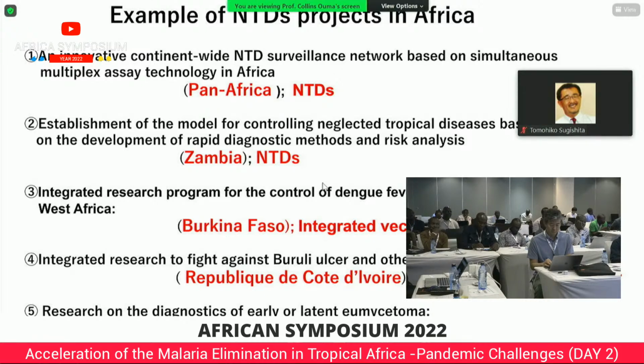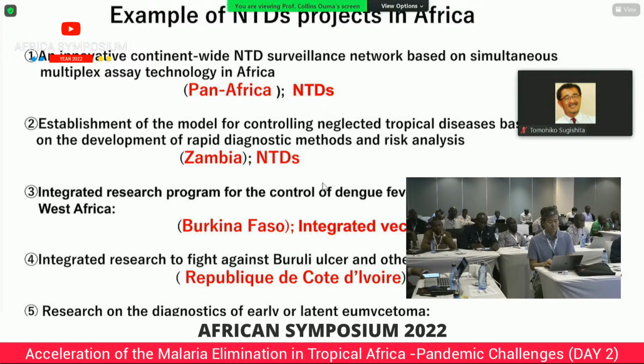As I have introduced, you can see that many countries in Africa have conducted joint research with Japan, and the diseases that we have targeted are currently prevalent in Africa. Next slide, please.